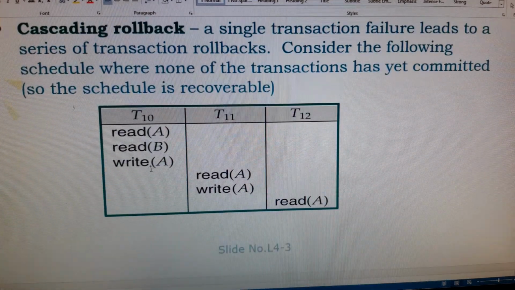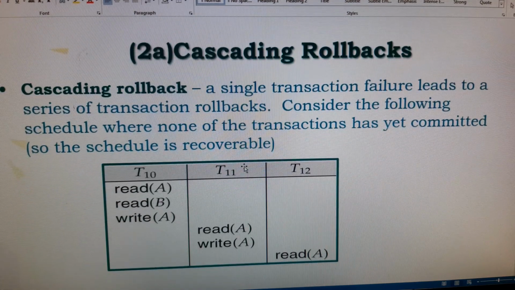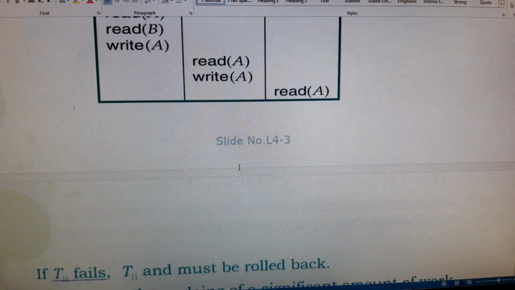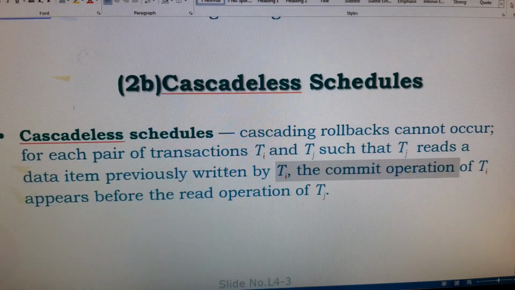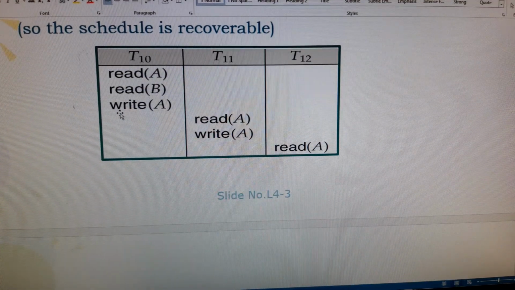So observe this. The cascading rollback leads to multiple transaction failures. What do we have to do? We have to roll back, that is, cancel the transaction and restart the transaction. In the cascadeless schedule, you have to observe that after the write of A, there must be a commit operation, and only after the commit can T11, the next transaction, execute the read operation.